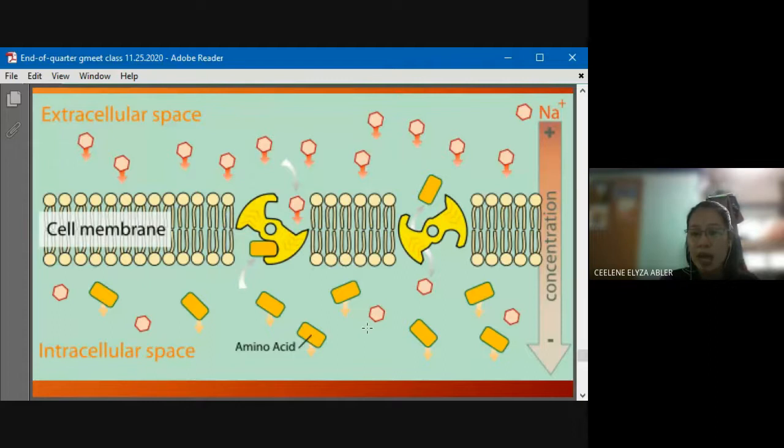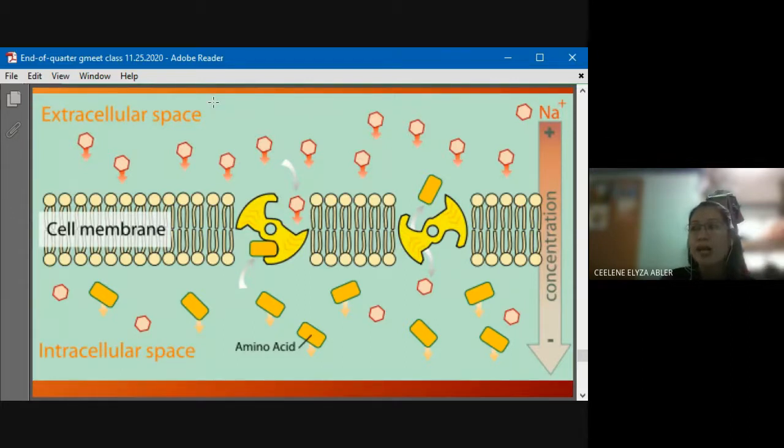Hypotonic ito siya. So, magiging hypertonic ang outside of the cell. So, the movement of your water and the substances is, for substances like the solute, from outside to inside. Ang water naman, class, will be drawn out of the cell. So, from here to here, sa labas. Okay? So, ganun ang ating mangyayari.